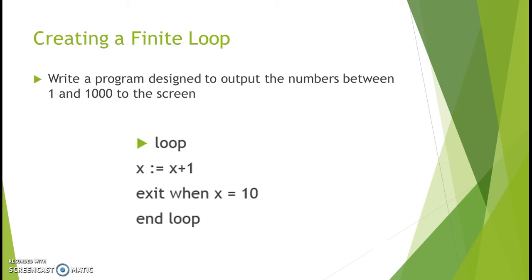So we use our loop code, and all you need to do is add in an output to screen command, and of course amend that to increment to 1,000. Should be straightforward. Go ahead and do that now. Pause the video and do that now.